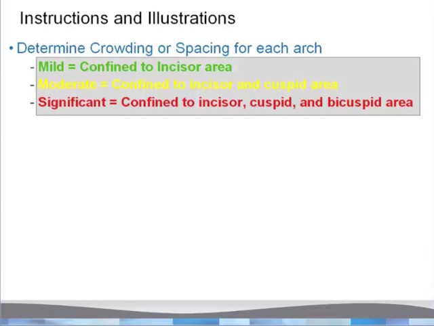If the problem, be it crowding or spacing, extends to the canine or cuspid area, that would be considered moderate. If the problem extends from incisor, cuspid into the bicuspid area, then that is considered significant, or our third classification, the red marking on your bubble diagram.